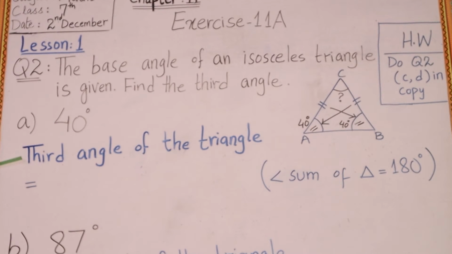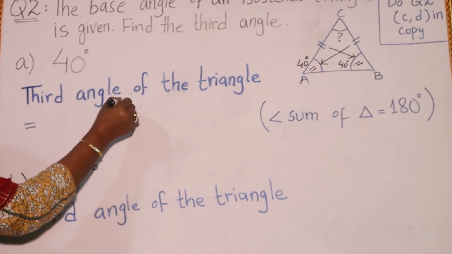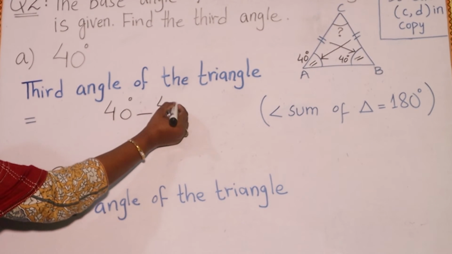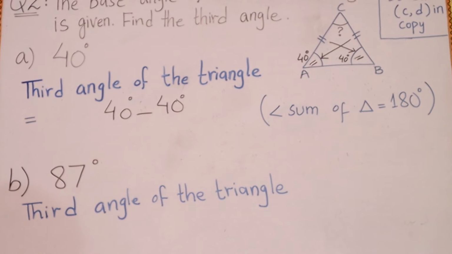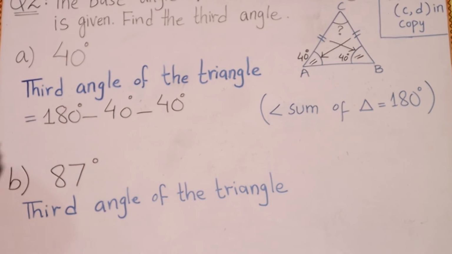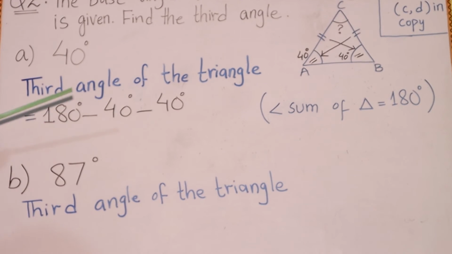So the third angle of the triangle can be calculated by subtracting 40 degrees, the first base angle, and 40 degrees, the second base angle, from 180 degrees. We will subtract the base angles from 180 degrees.